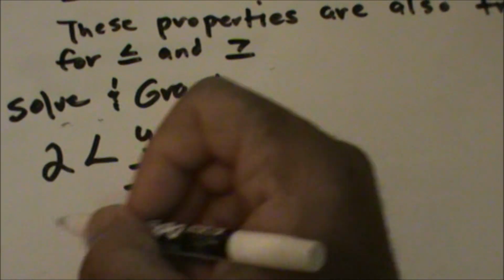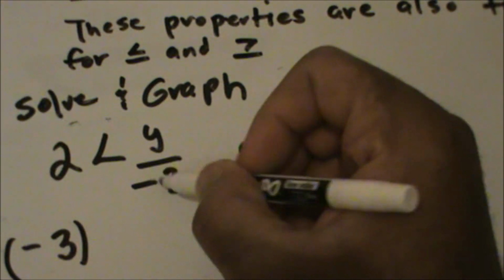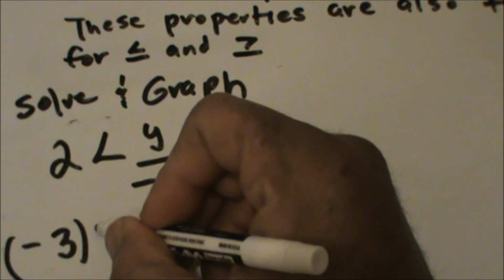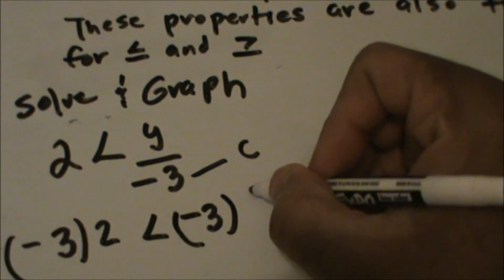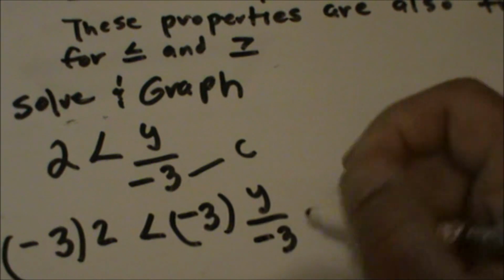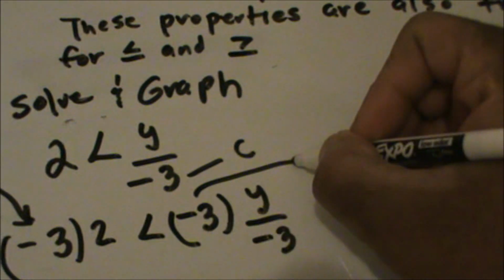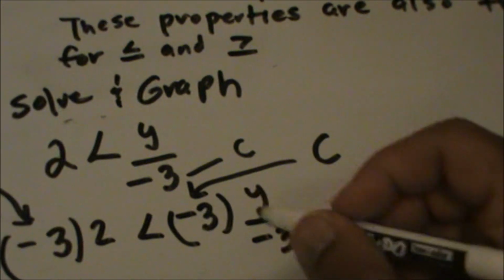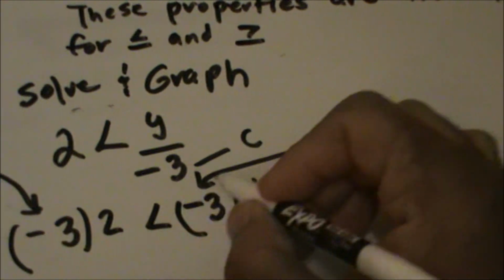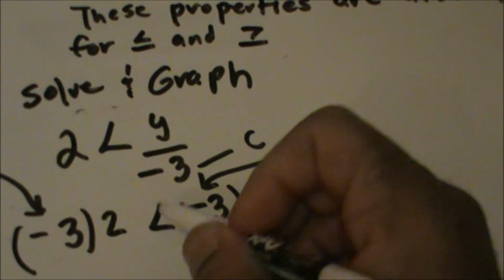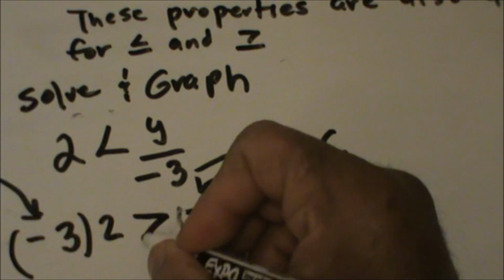So we're going to multiply negative 3 on both sides to get rid of the denominator here. Negative 3 on both sides of the inequality. We multiplied by C on both sides, but C is less than 0. What happens is when that occurs, this sign changes to a greater than sign.